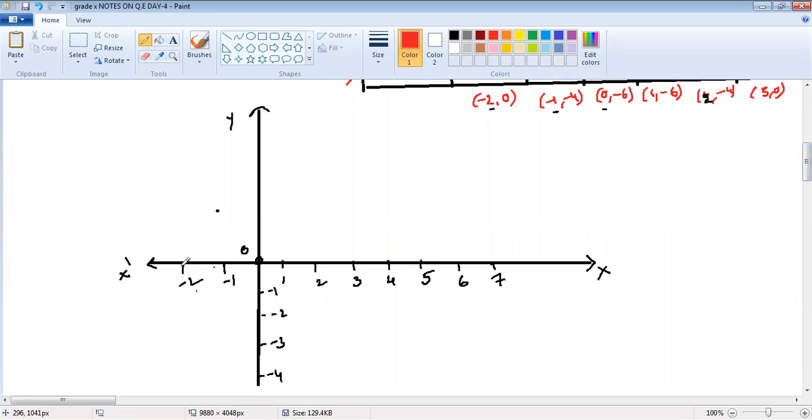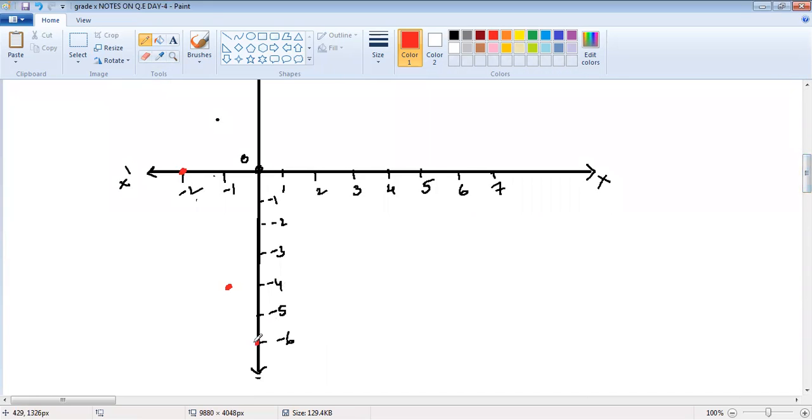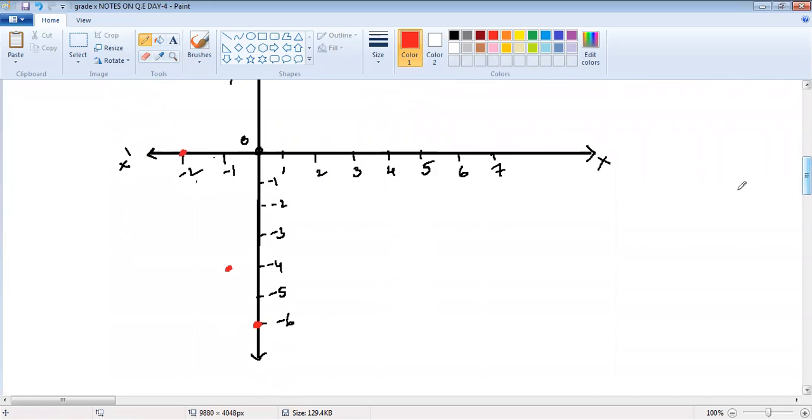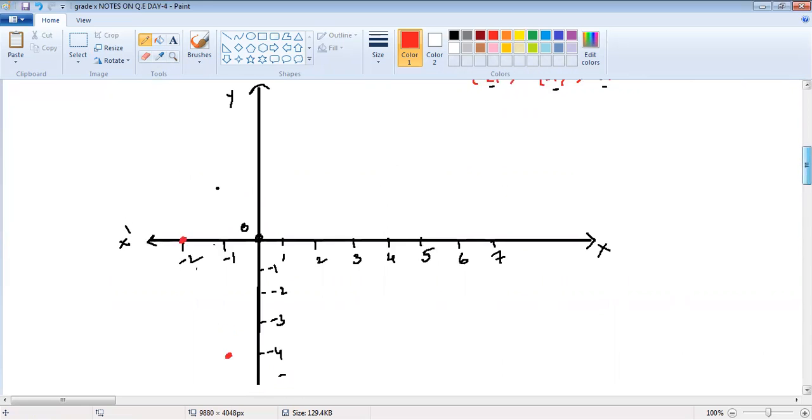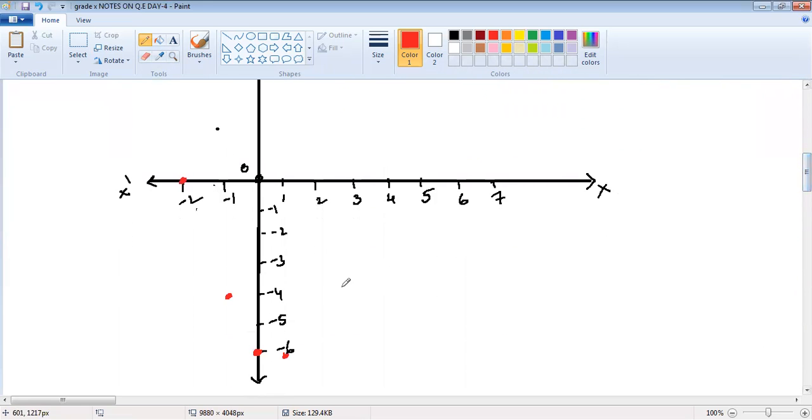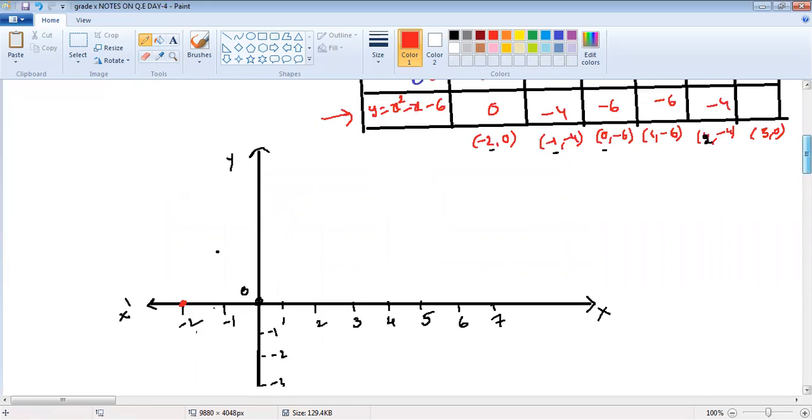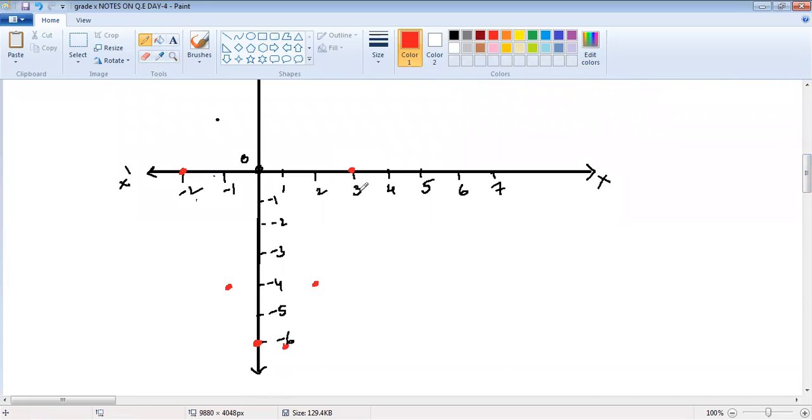Another one, minus 1 comma minus 4, will be here, and 0 comma minus 6. Another point 1 comma minus 6, and 2 comma minus 4. And the next point 3 comma 0 will be here. Got it?